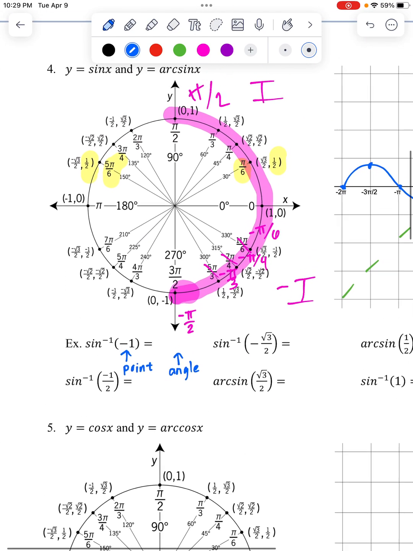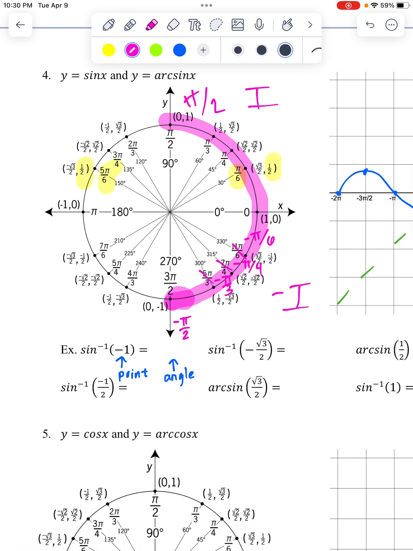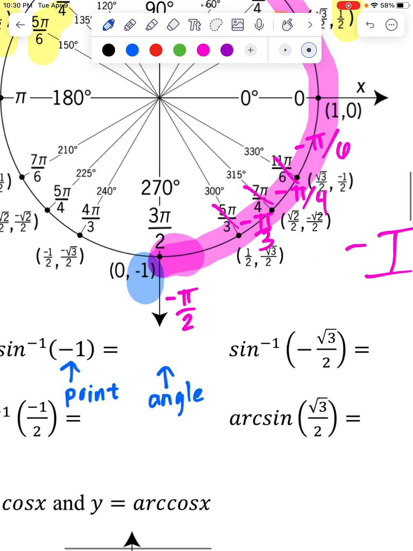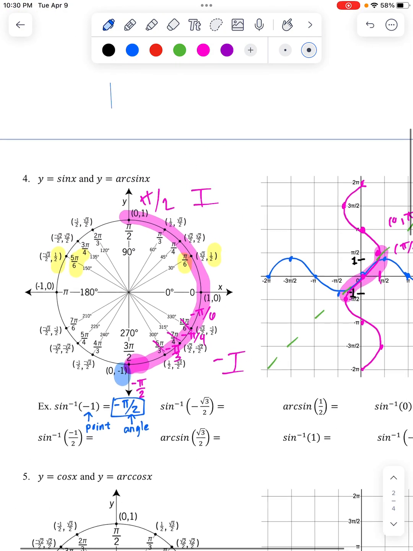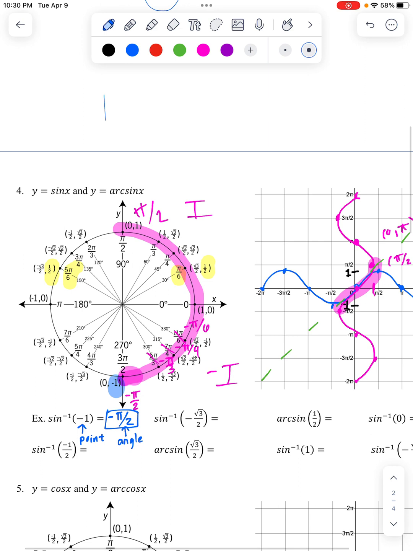So I go to my unit circle, and I look to see where sine equals negative 1. Well, it's right there. So there's my point, my output's my angle, which in this case is negative pi over 2. Remember, I'm not putting 3 pi over 2 because my answers go from negative pi over 2 to pi over 2. So it's the negative first quadrant and first quadrant.